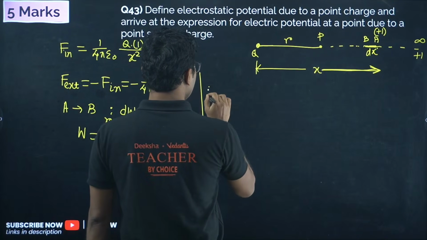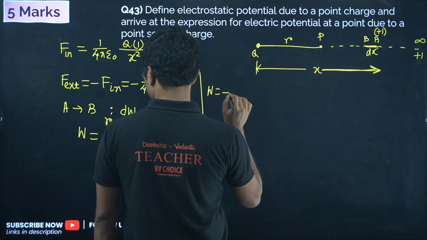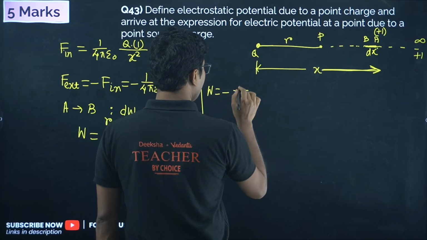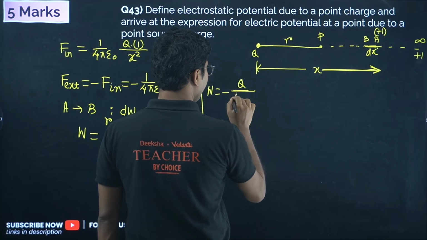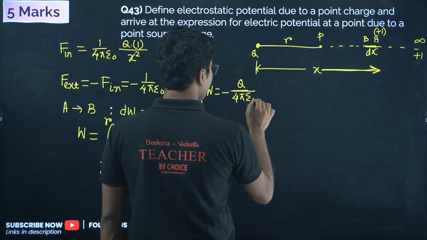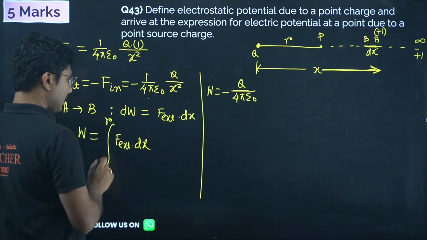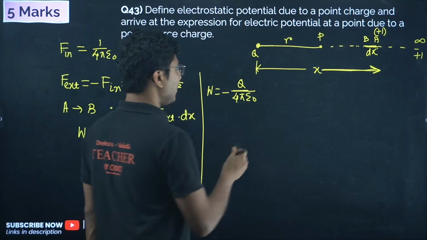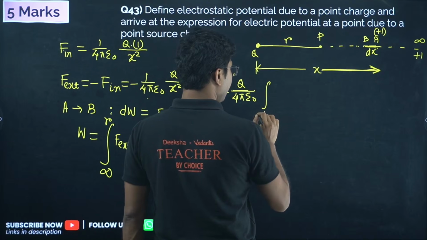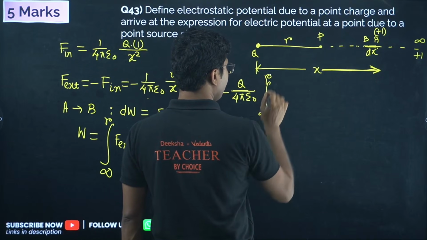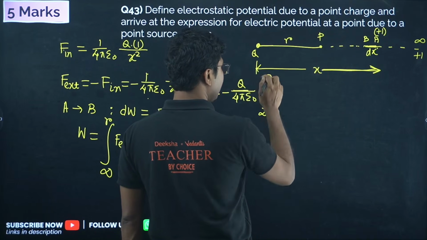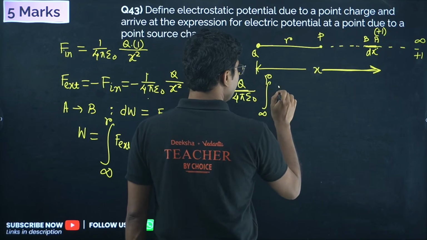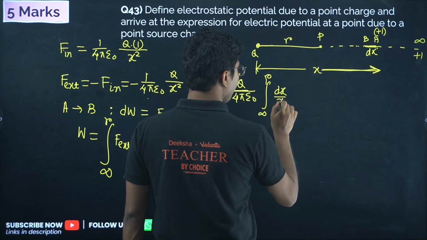So work done is given by minus Q by 4 pi epsilon naught. This is constant, so that's why we are taking it outside the integration. Now integration from infinity till R, initial to final, and it will be dx upon x square.